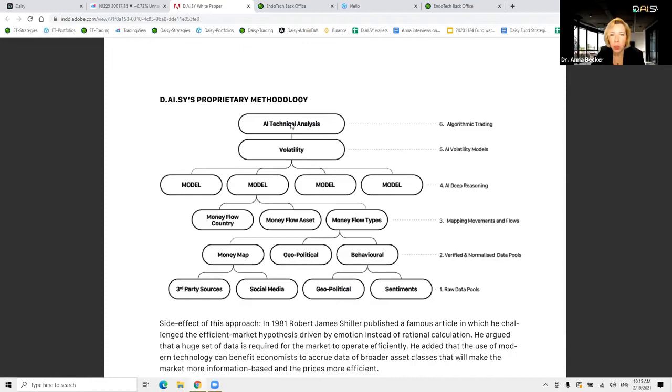So I hope you can see my mouse showing you that this part of the algorithmic trading is done. Now we're moving to the missing part of volatility that we need to extract from Daisy. In order to extract it from Daisy, our approach is very different from other groups.